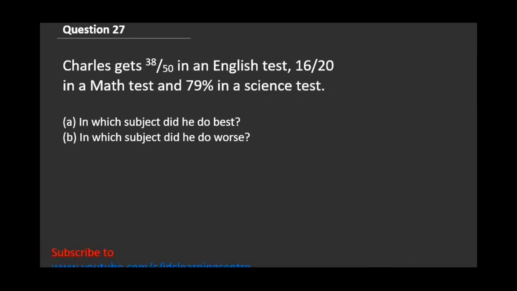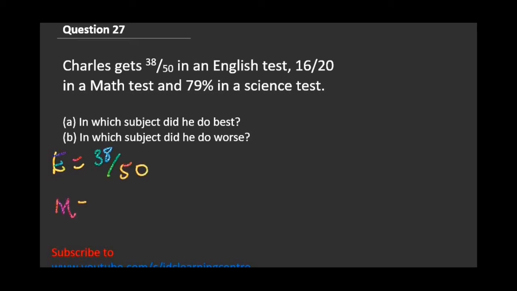Question 27. Charles gets 38 out of 50 in an English test, 16 out of 20 in a math test, and 79% in a science test. In which subject did he do best? Let's compare them. English equals 38 over 50.